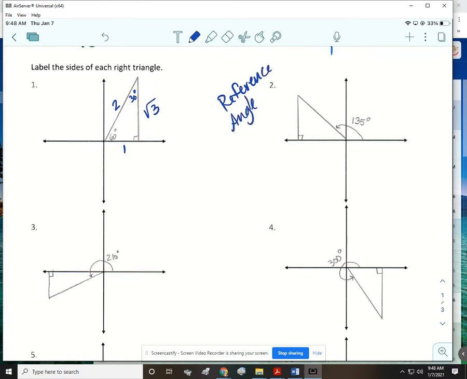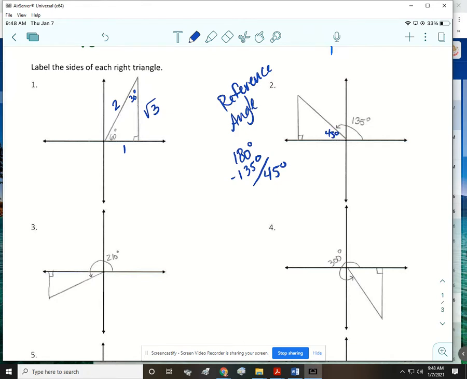Depending on what quadrant your angle is in, you do different things. If I want to find the reference angle in quadrant 2, like I have here, I take 180 degrees and subtract my angle from it. And that's going to give me 45 degrees.